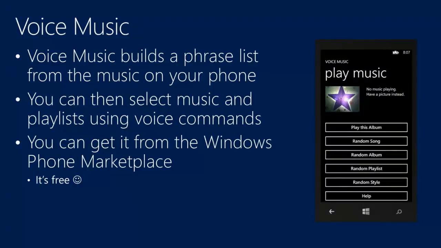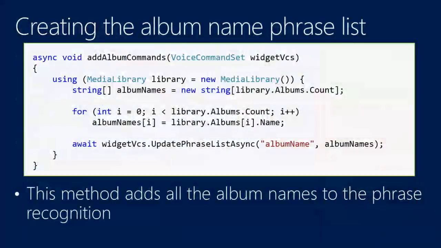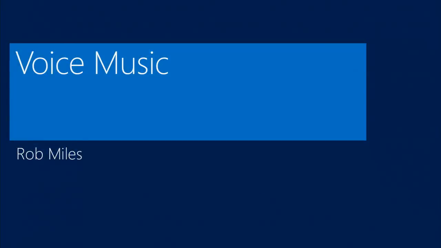This will work offline. This does not need a network connection to decode what the user has said. So you're not going to have a situation where they can't find out from your app what they want to know because they're in a tunnel. It'll work, and it works extremely well. So there you go. That's the code I've just shown you, and effectively it adds all my album names to the phrase recognition bit, and off it goes, and you've seen the demo.